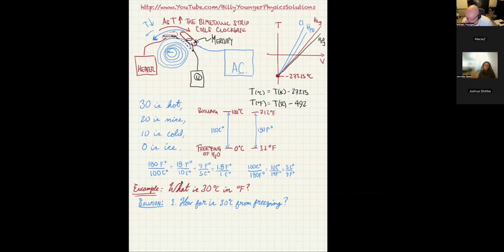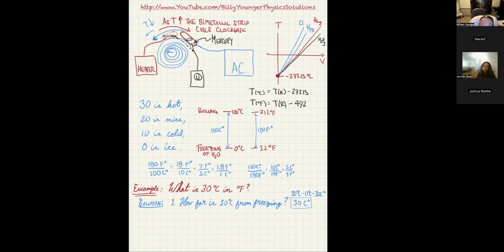Okay, so what we have to do here is we do 30 degrees Celsius minus 0 degrees Celsius, which is equal to 30 Celsius degrees. So the answer is 30 Celsius degrees. Now you see we've already converted it to Celsius degrees.